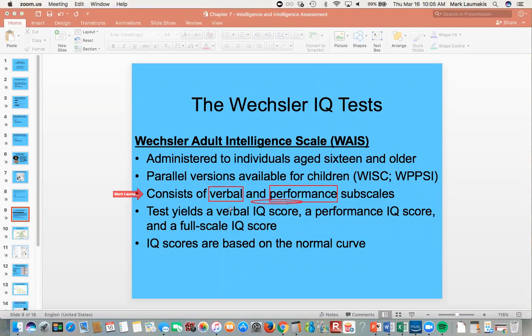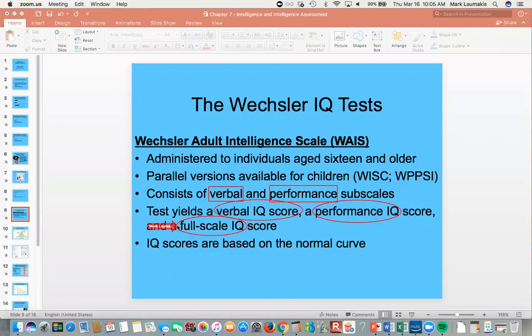A verbal IQ score, which is basically how you did on the verbal subtest. A performance IQ score, which is about how you did on those performance subtests. And a full scale IQ score, which is kind of the summary. This one here, the full scale IQ, when someone says, I have an IQ of 115, or I have an IQ of 95, or I have an IQ of 120, they're probably just telling you that full scale IQ score, okay?